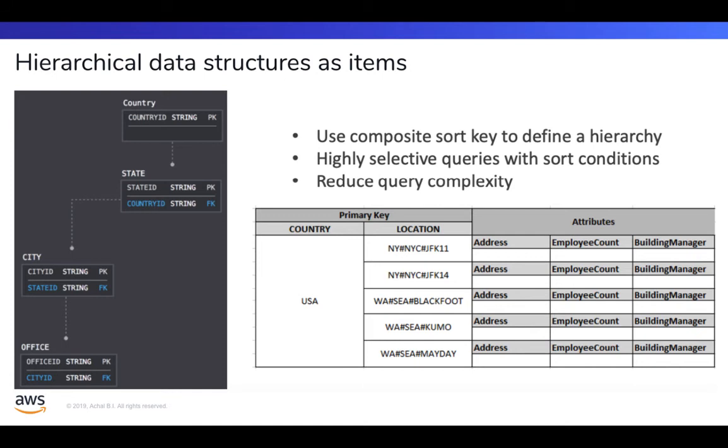Select country is equal to USA and location which begins with NY, and you would get all the items which are part of New York State. So that is an example of retrieving items using a composite sort key.